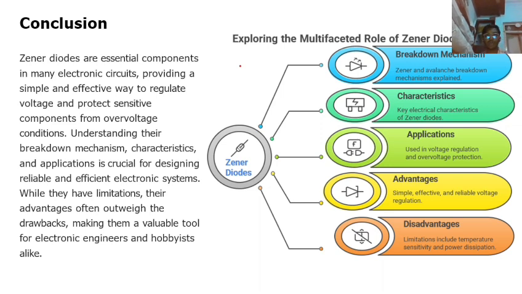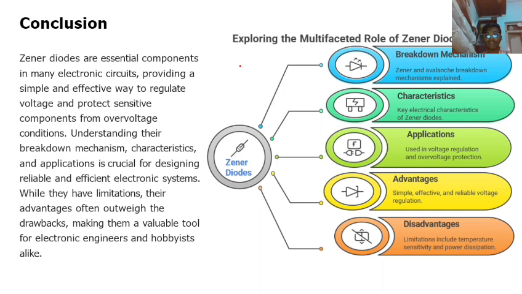When we give high currents and high voltages, the Zener diode can't take high voltages and it breaks down. Understanding their breakdown mechanisms, characteristics, and applications is crucial for designing reliable and effective electronic systems. While they have limitations, their advantages outweigh the drawbacks, making them a valuable tool for electronics engineers and hobbyists.